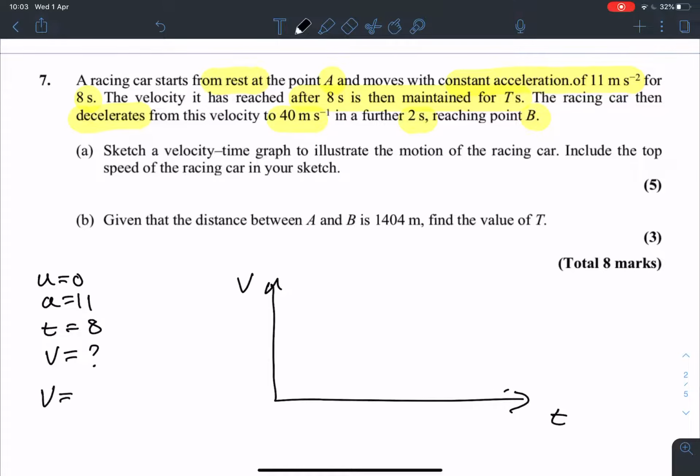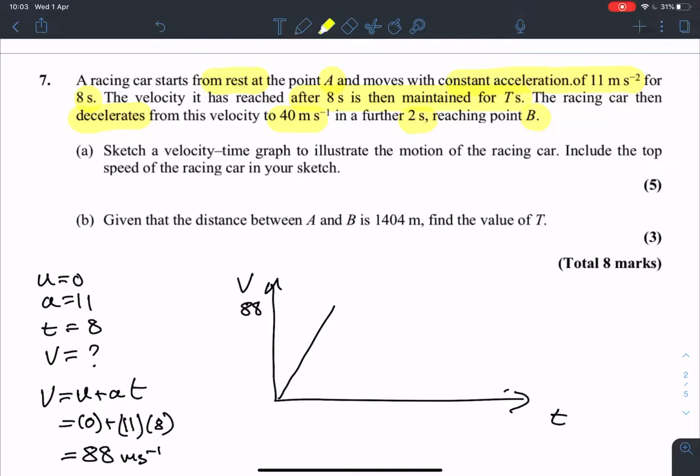So v equals u plus at, so that's 0 plus 11 lots of 8, which is 88 meters per second. So we've got an acceleration up to the 88. There's 88 and 8.